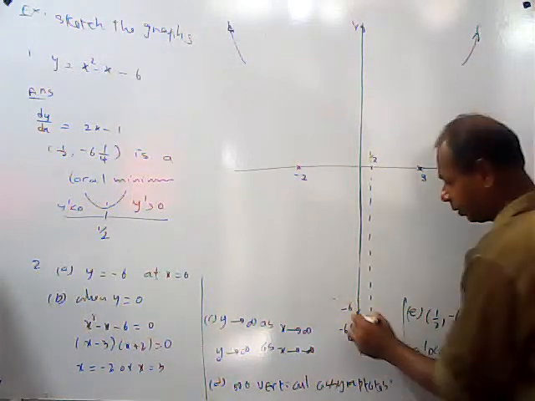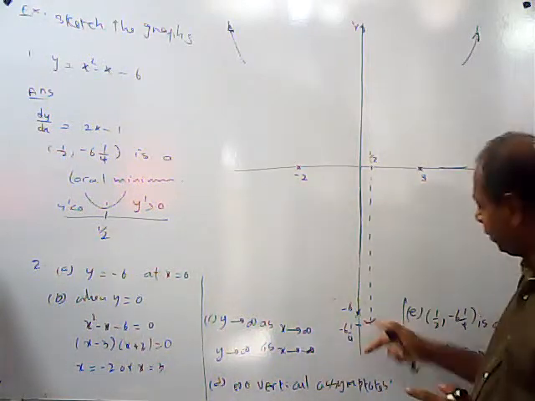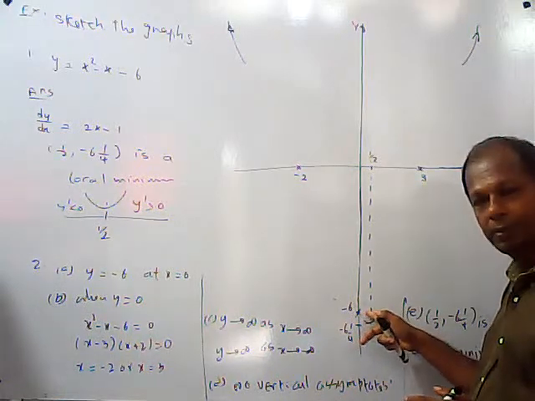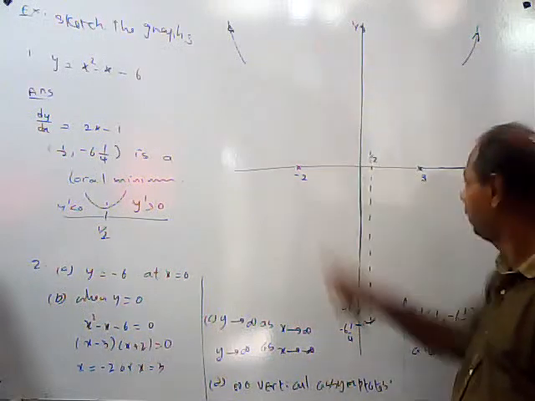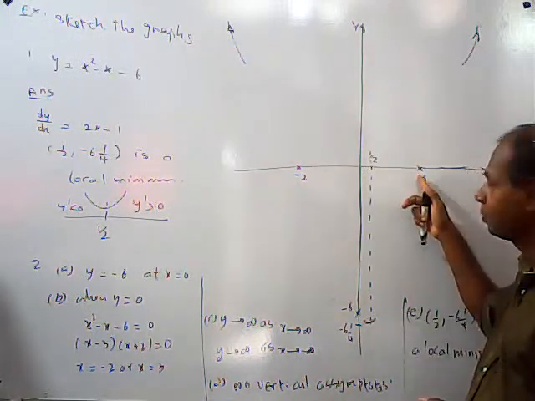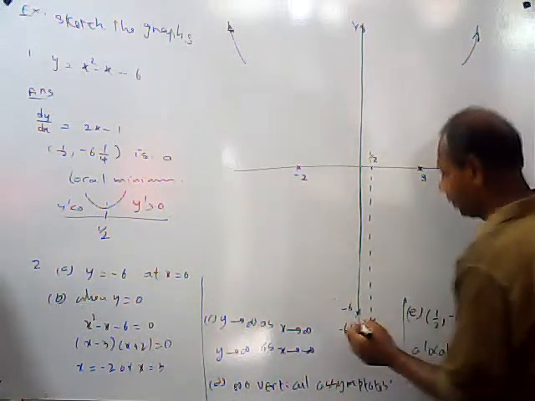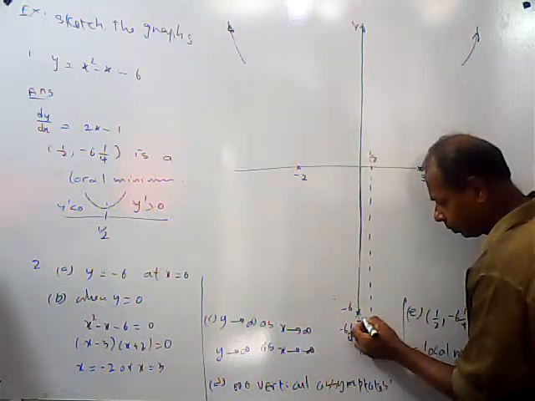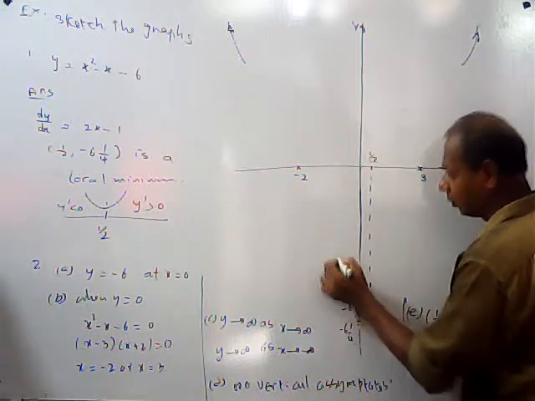Now we have all the data required. So it turns back here, the turning point, passes this point, and should pass this point, then goes to positive infinity, turns here, should pass this point, and then it should go to positive infinity. Then you can do it like this.